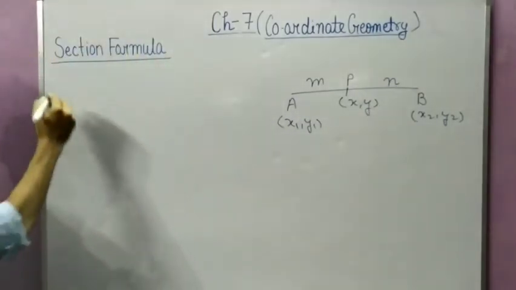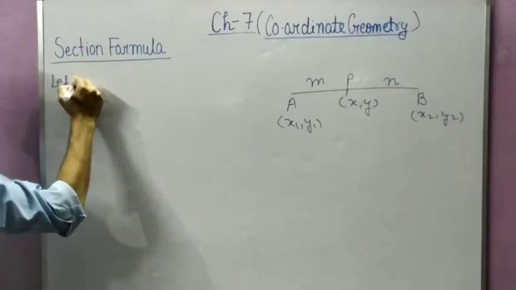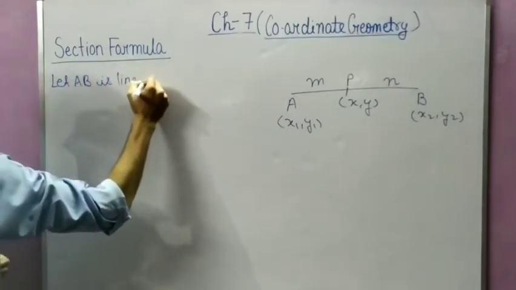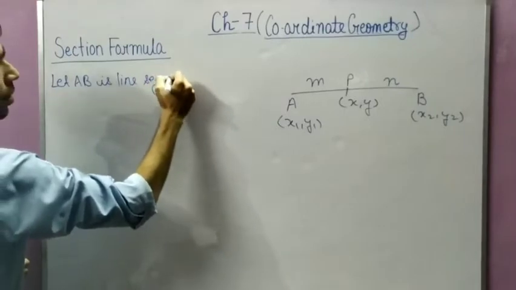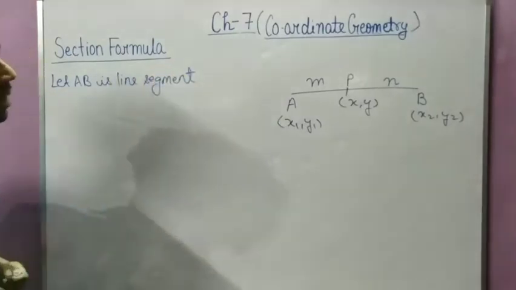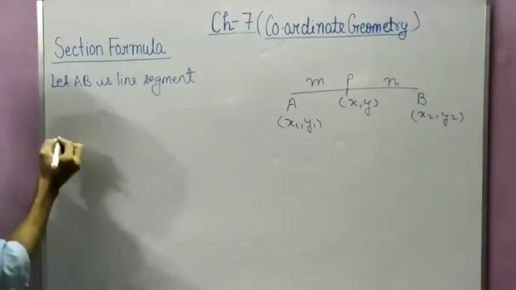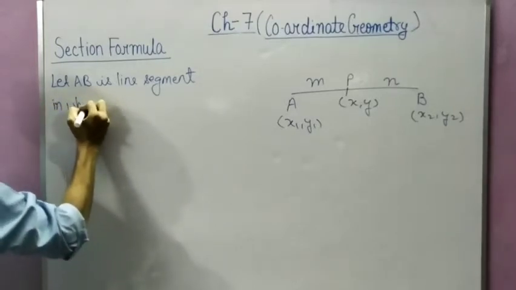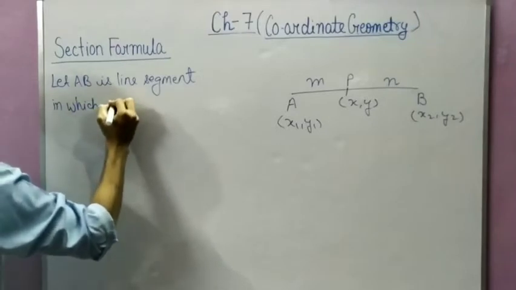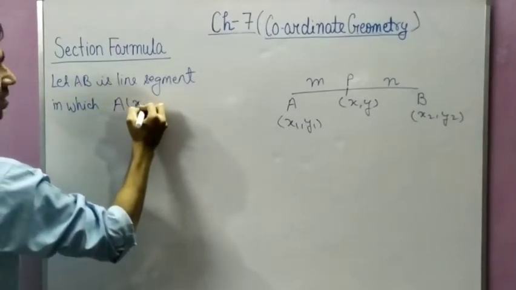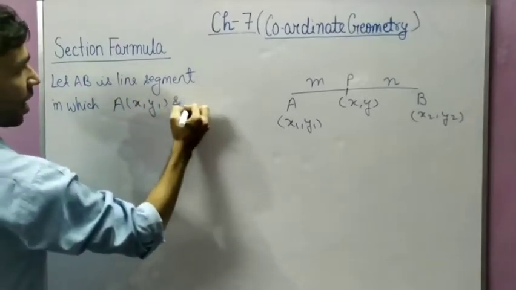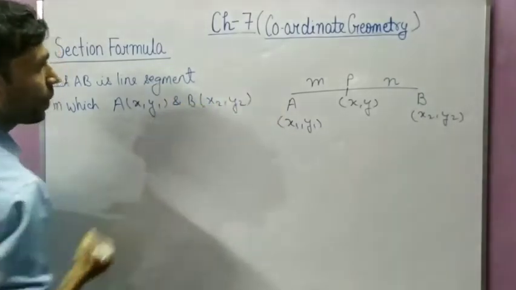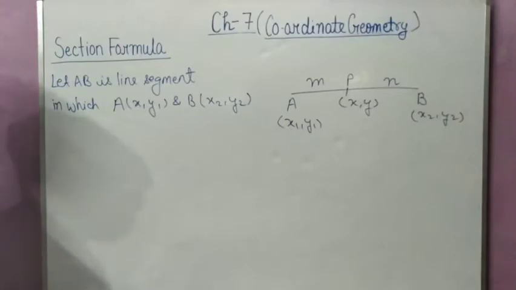First we will write: let AB be a line segment in which A is x1 y1 and B is x2 comma y2, okay? This much we have written.